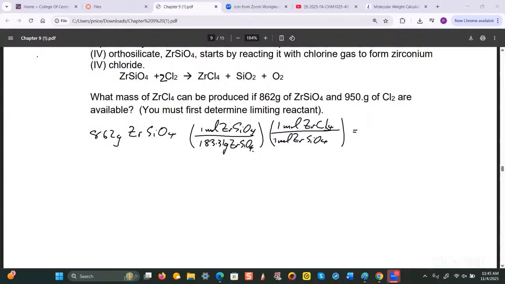So that gives you, according to my calculation, rounded off to 3 sig figs, 4.70 moles of zirconium 4 chloride. Oh, by the way, the name of the other compound, which I didn't know, was actually given earlier. Zirconium 4 silicate. Okay, all right, what's the next step?